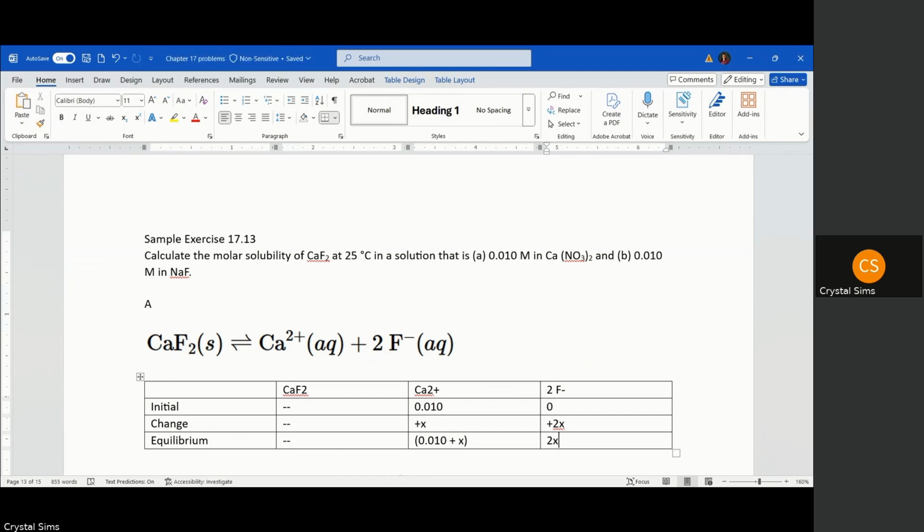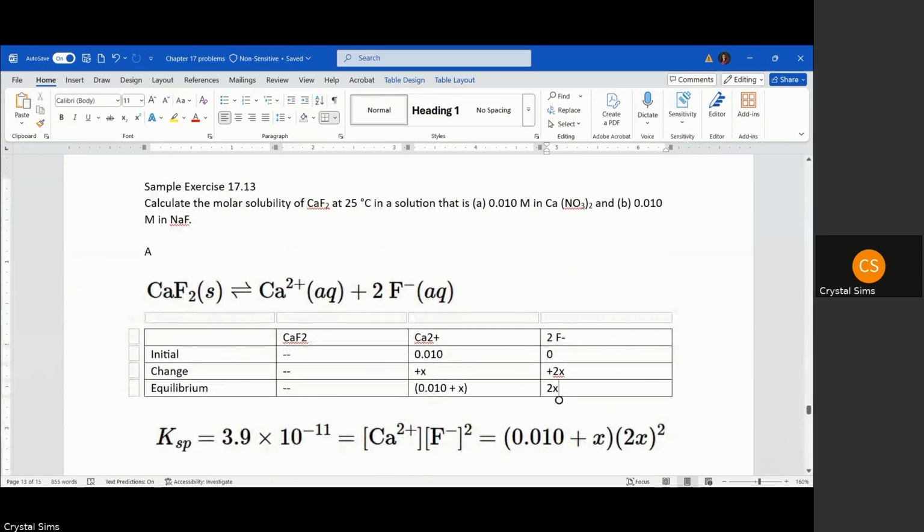So let's substitute this into our Ksp formula, where we have calcium ion concentration times the fluoride ion concentration raised to the second power.